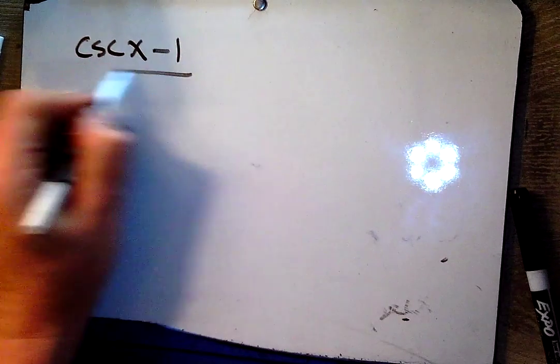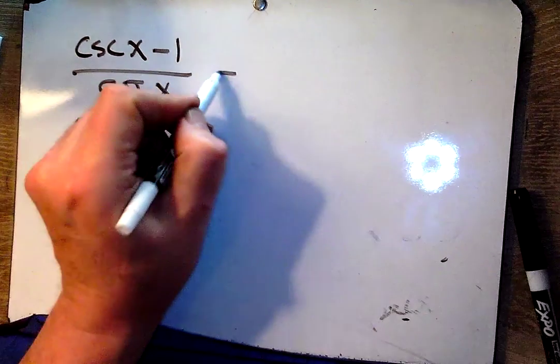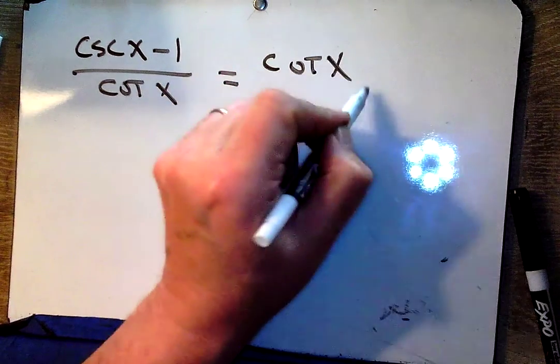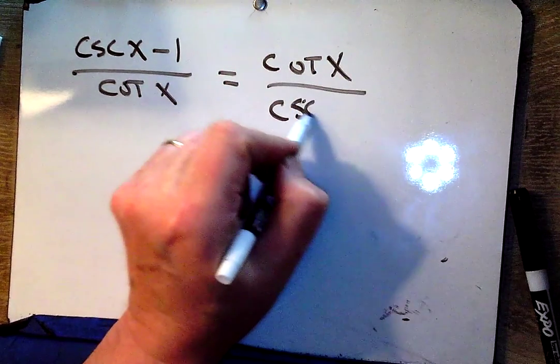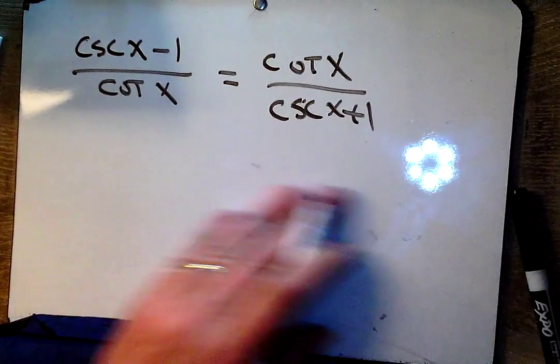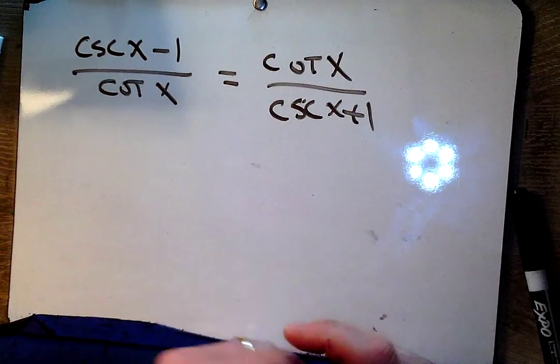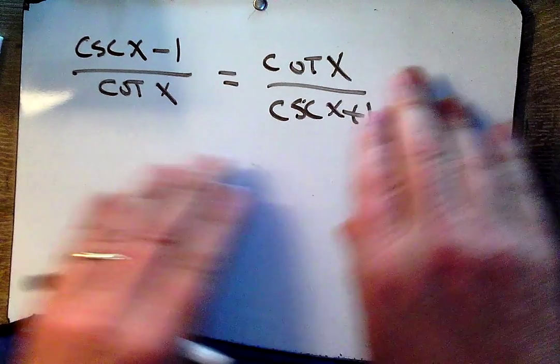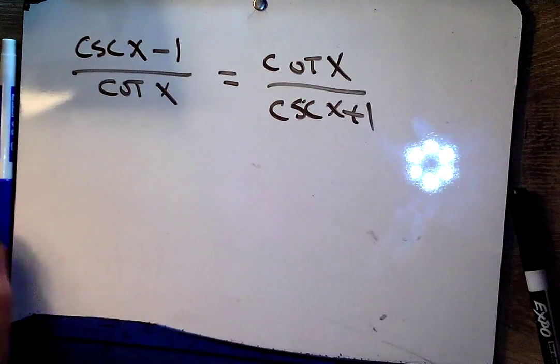If you want another nice problem like that to look at, this is another one. Cosecant x minus 1 over cotangent x equals cotangent x over cosecant x plus 1. This works just like the last problem. You should be able to use the conjugate over here and over here.